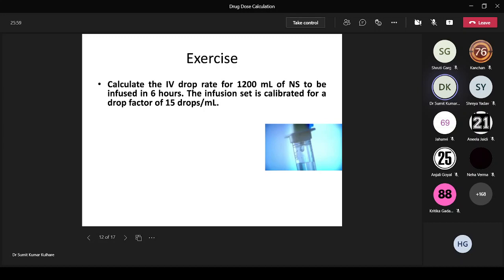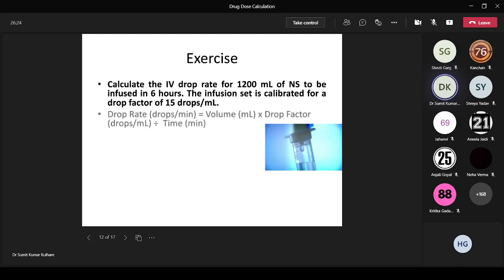So the exercise is: calculate the IV drop rate for 1200 ml of normal saline to be infused in 6 hours. The infusion set is calibrated for a drop factor of 15 drops per ml. That means 15 drops will constitute 1 ml.